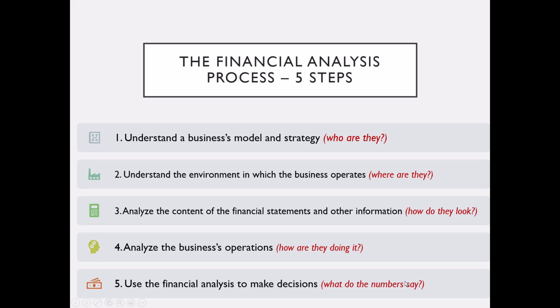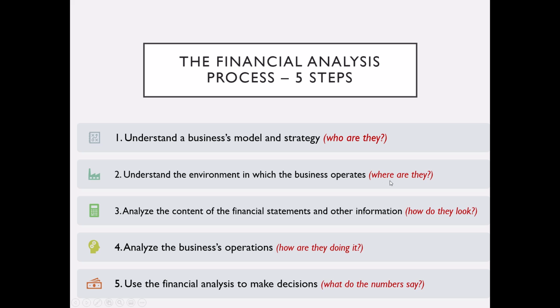Okay, so how do we analyze a company? Well, there are 5 basic steps according to this. I think there are many more, but this is a good start. So we're going to look at a company's business model. Who are they? These are my little questions, because I think it's good to put things in English. What is their business model and strategy? Where are they?